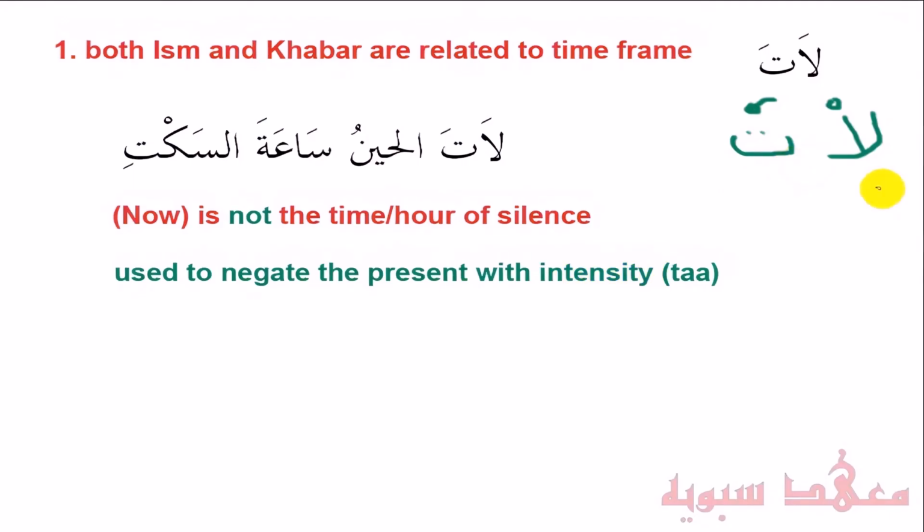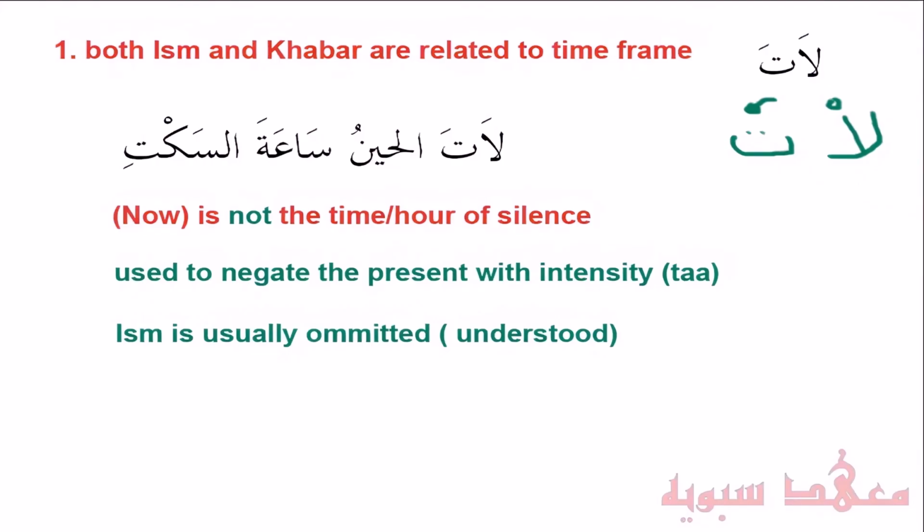Another point to this is the ism is usually omitted. So here, let's omit this. And this is actually understood. When you use Laata, it denotes the present. And for this reason, it gets omitted. The person could have said, Laata sa'at as-sakti. Now is not the hour of silence. And that will be understood to mean at this present moment.